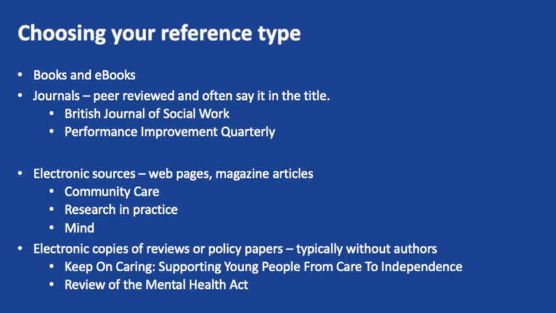They've not been peer reviewed. They are about developing public policy, so they won't have been peer reviewed, and they are likely to be advocating a particular agenda, either politically or intellectually. And I've given you a couple of examples there of ones that might appear as that. So you have to be very clear about what your reference type is, because that then impacts how you're going to reference it.